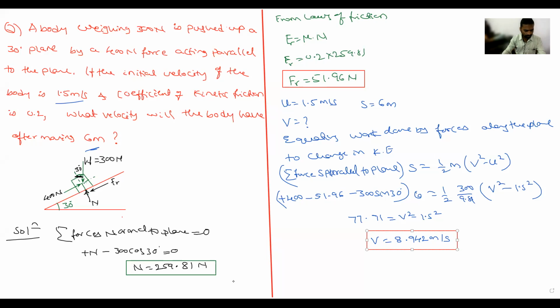What was asked? Tau was asked, correct? What is the value of tau? How much did you get? 523.33.